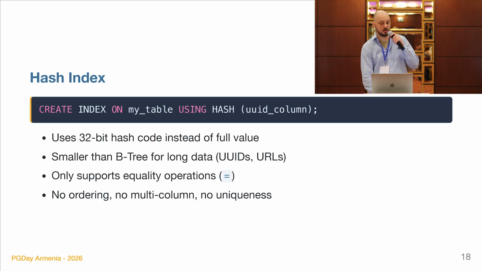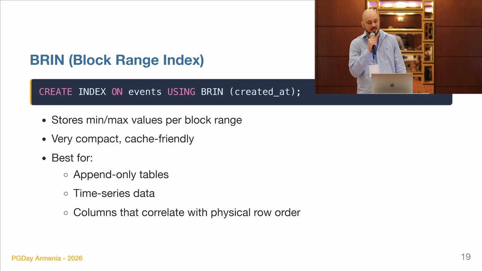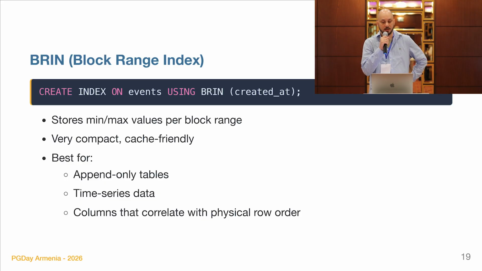The next one is the block range index. This is a very interesting one and a little bit more complicated to explain, but bear with me. This is very useful for situations where we are just appending data to the table, because they work on the assumption that the indexed column has a high correlation with the place where the data is actually stored on disk.